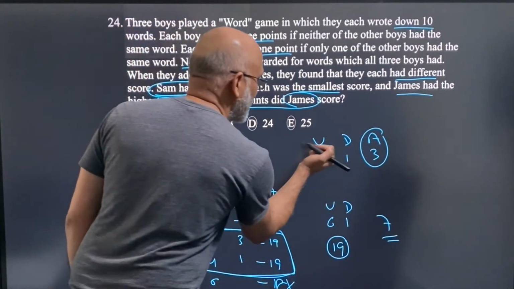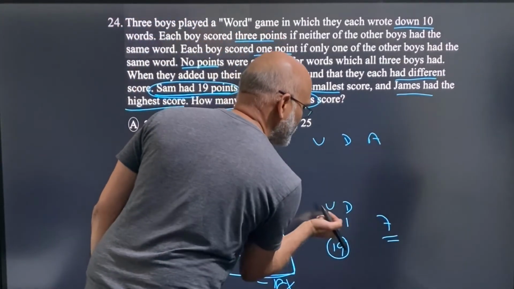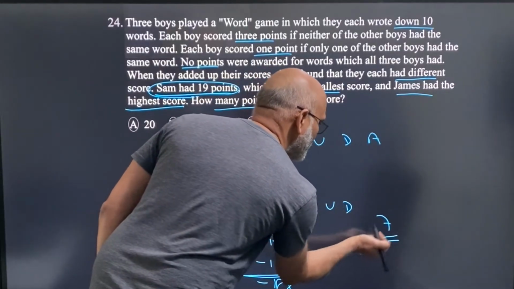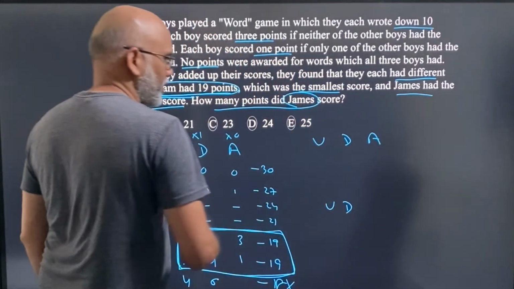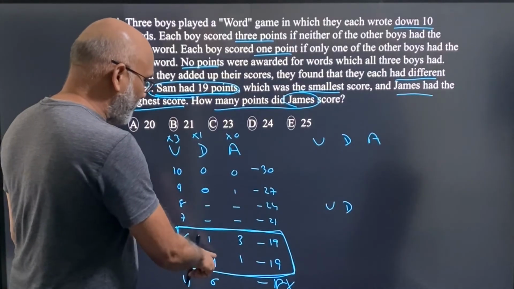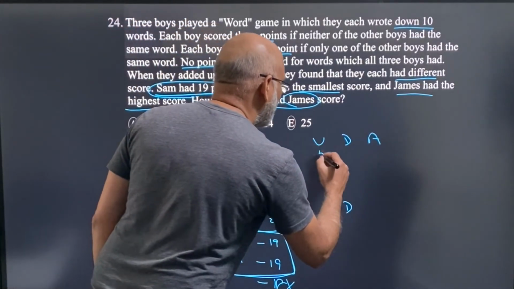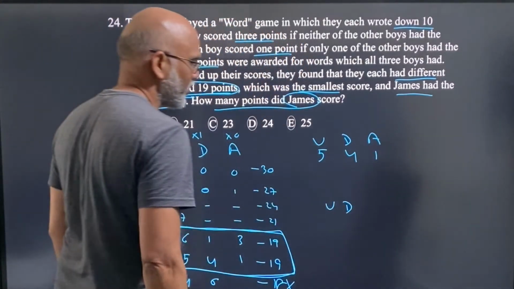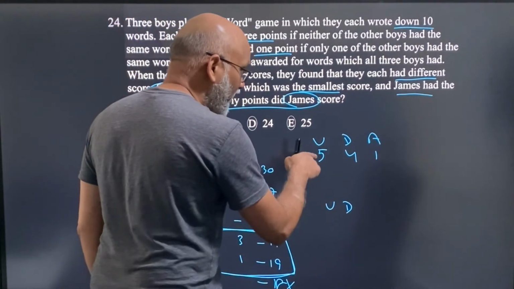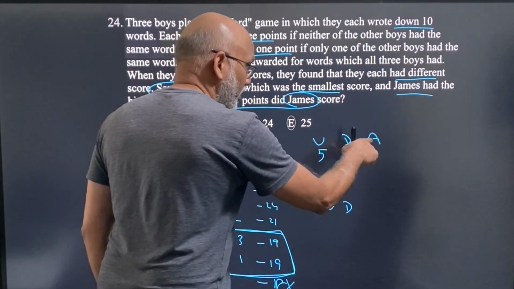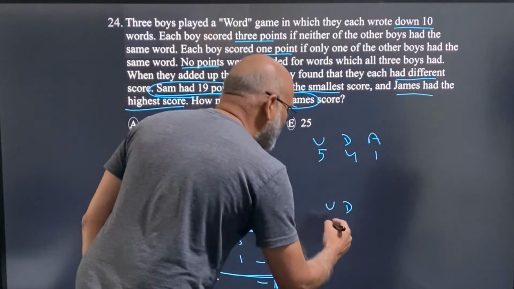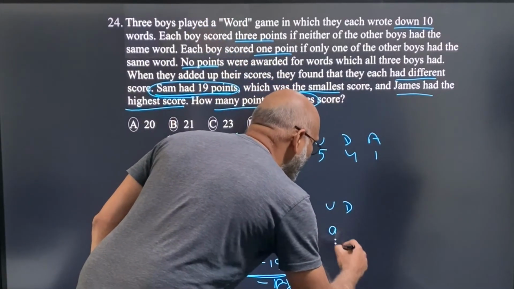Let me try the other one. Let me erase this. Okay. So 5, 4, and 1. If we had one card that everybody had, the maximum unique they could have had is 9, right?